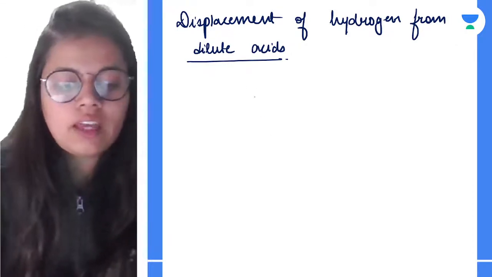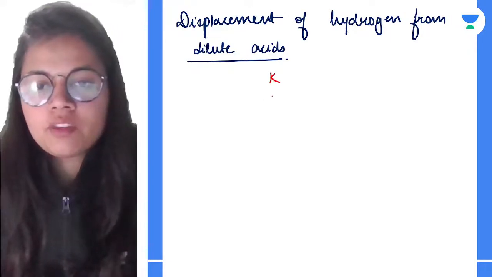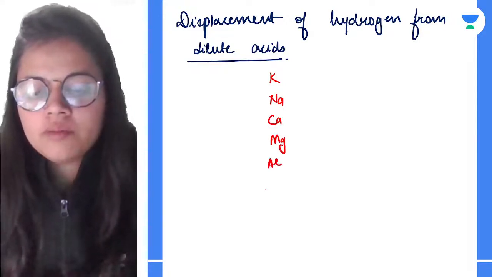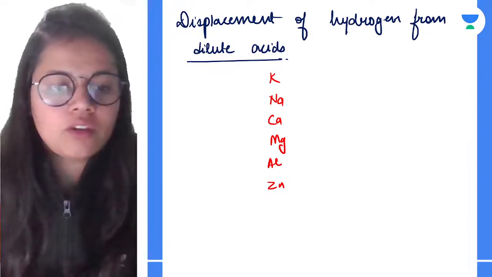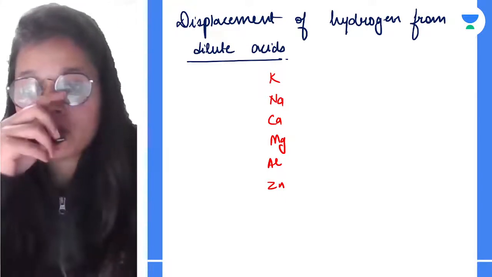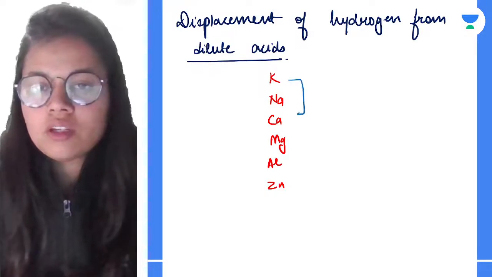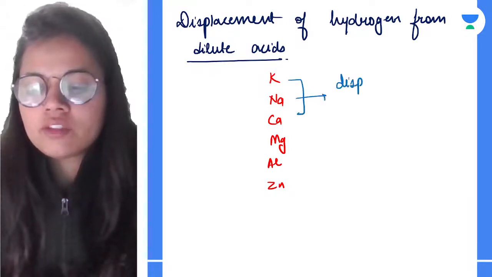Now let's have a reactivity series over here: potassium, sodium, calcium, magnesium, aluminium, zinc. First let us discuss these and then we will move on to the other ones. The very reactive metals such as potassium, sodium or calcium displace hydrogen.